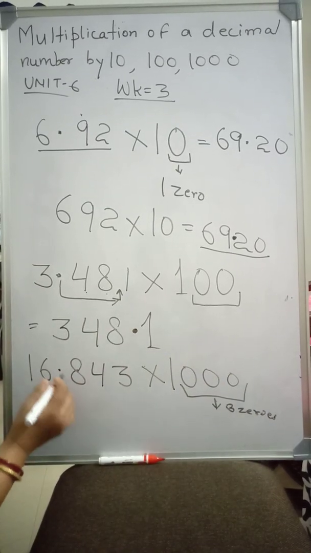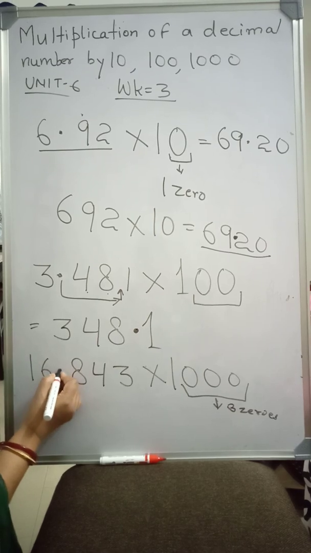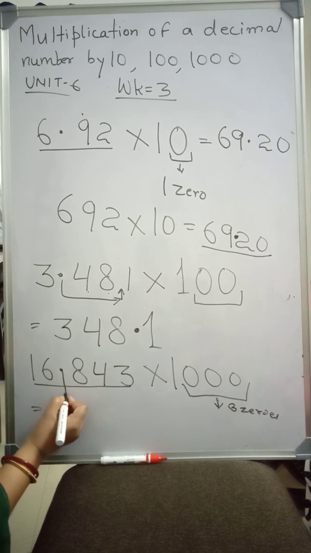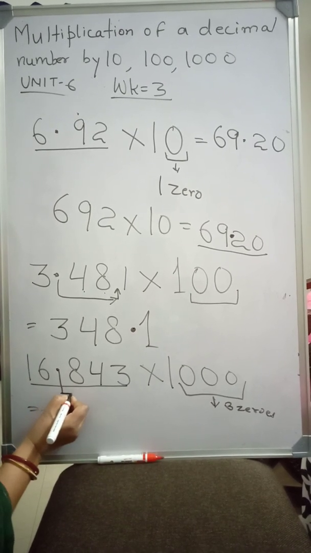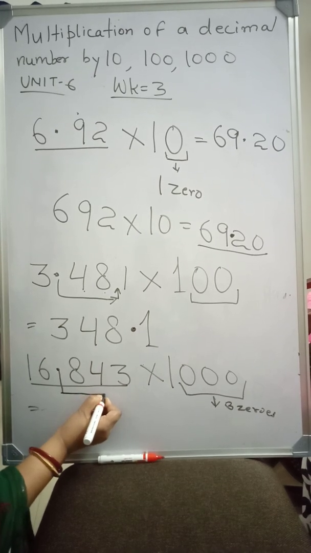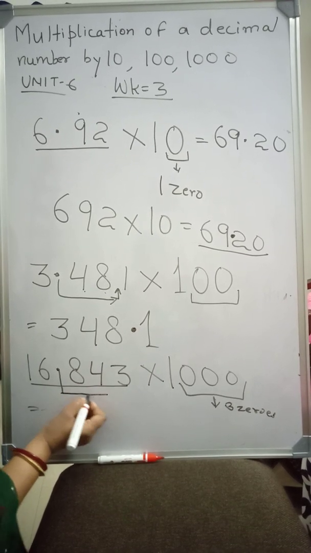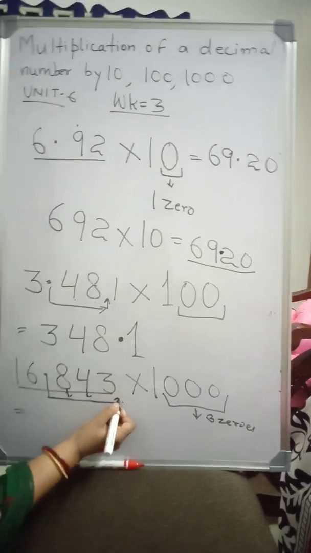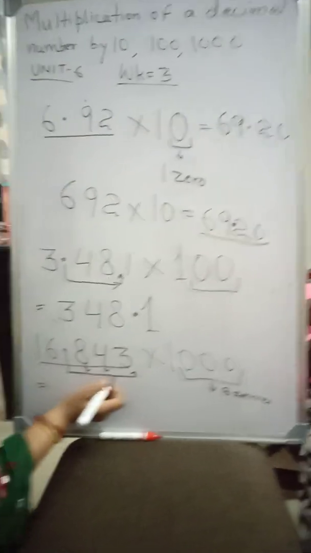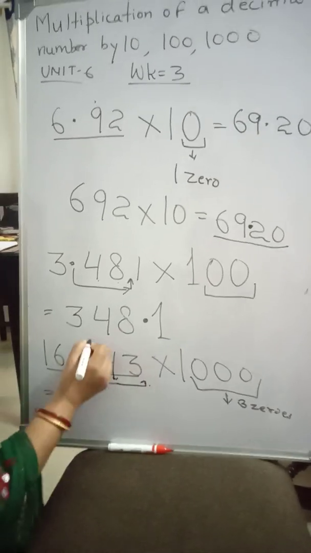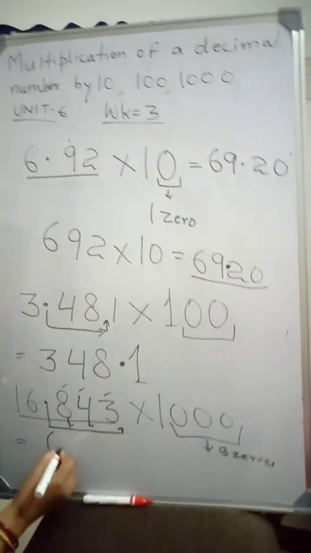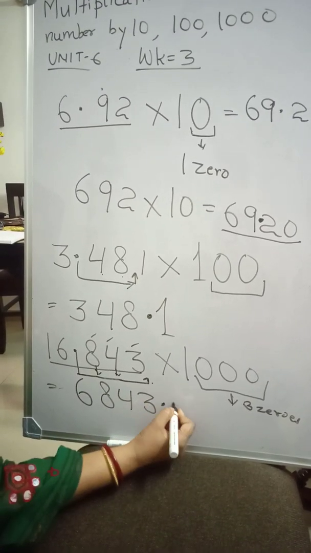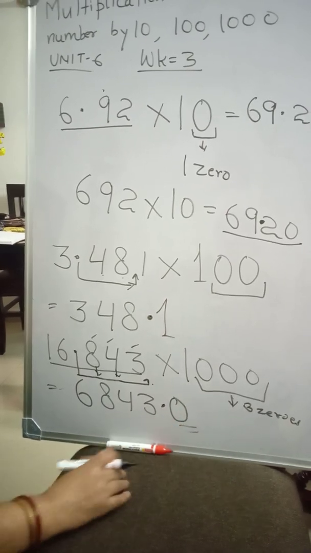So in the product, this is the multiplicand, we shift the decimal of this multiplicand to the right side after counting how many zeros are there in the multiplier. 3. So I will shift 3 places, 1, 2 and 3.